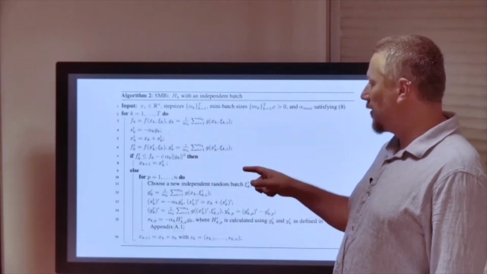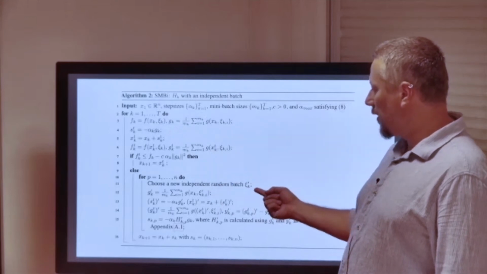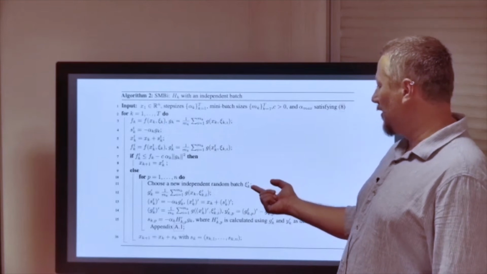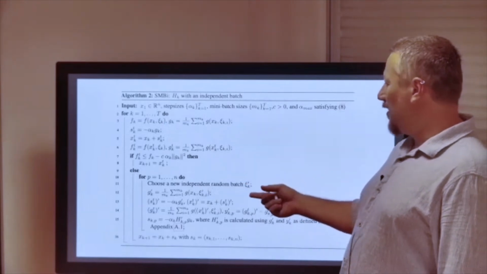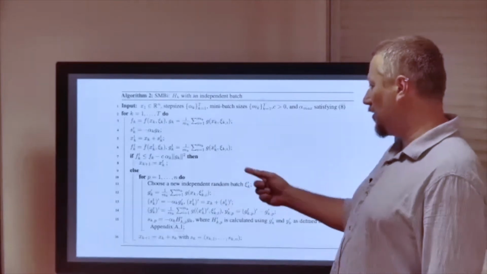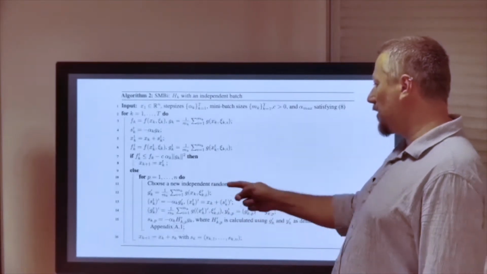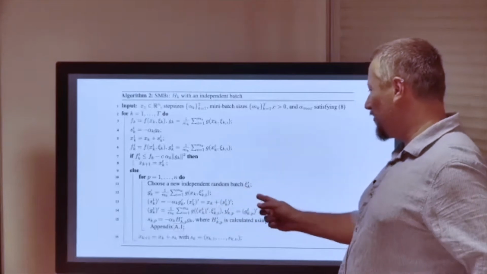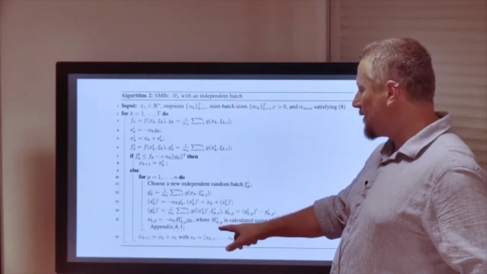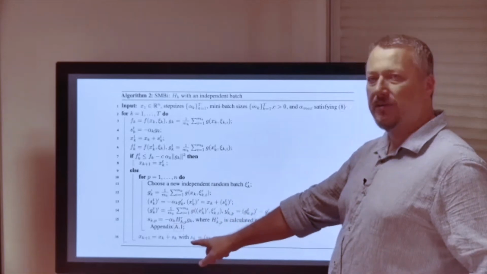If satisfied, you move to that point. If not, what you do is you choose a new independent random batch or independent index. Then you calculate the gradient with this new batch and calculate the gradient step, and you calculate all these values that you use in calculating the matrix, and then use that matrix to take the model step.